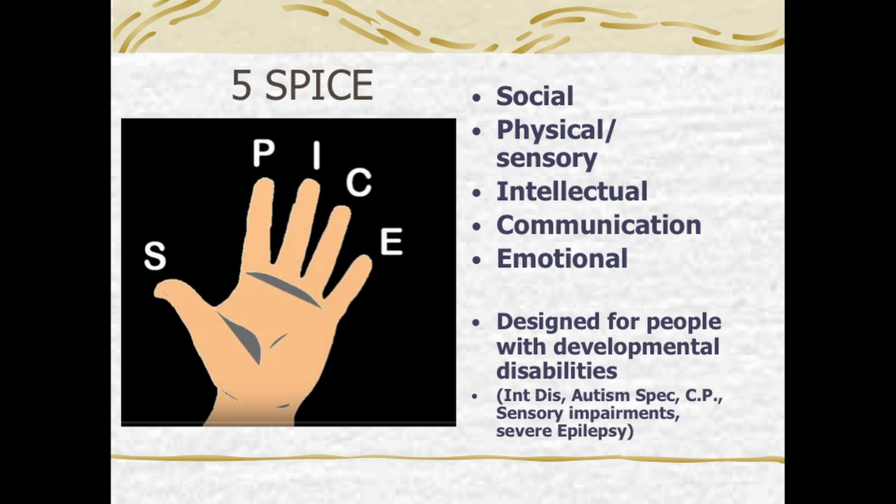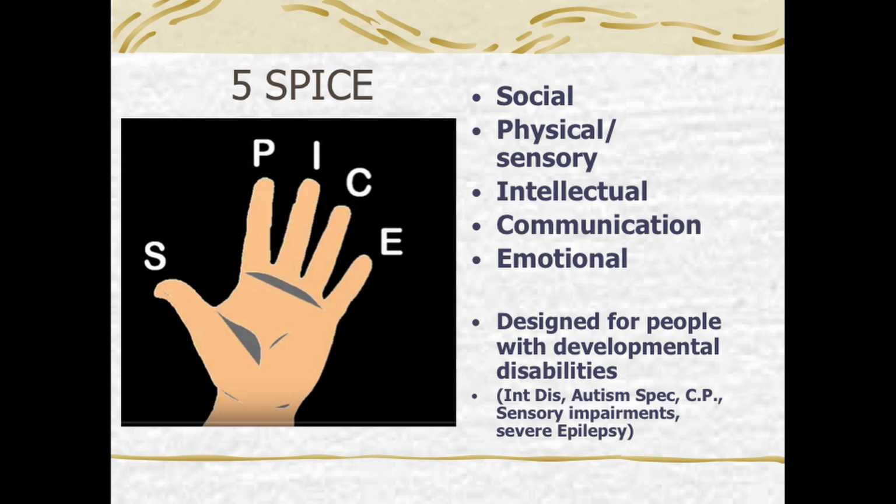And we thought the use of the hand analogy was useful because in the area of development, there's the separate areas, but they all come together to work together to enable us to function.